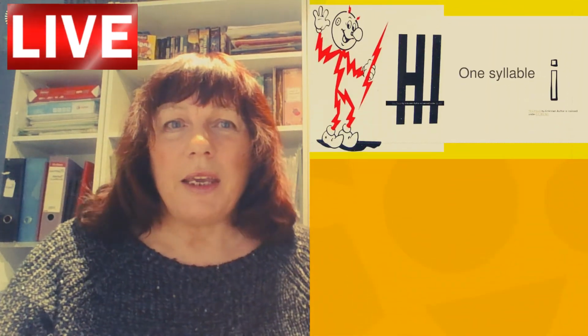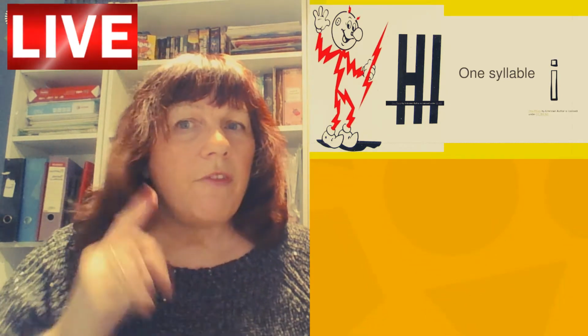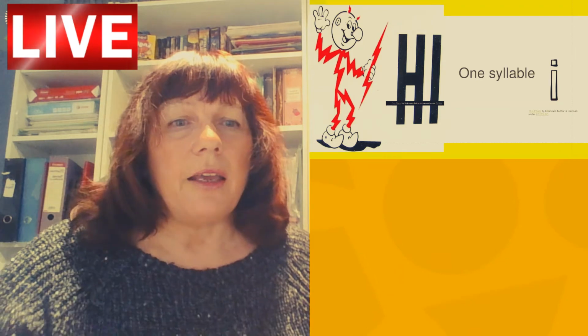So let's begin with hi, 1 syllable, 1 vowel sound, I. What about hello? 2 syllables, 2 vowel sounds, o. So you might have picked up at this point that in syllables each syllable has to have a vowel sound.